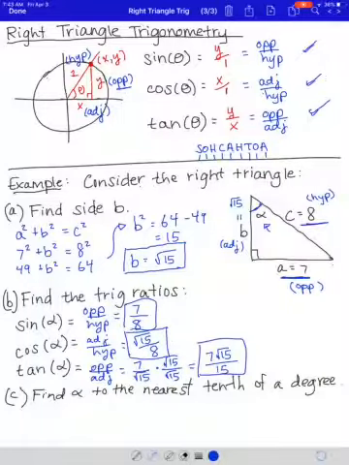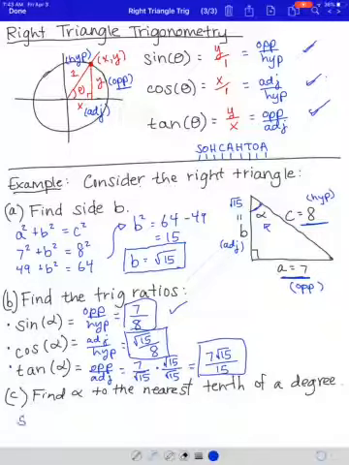And now the last thing we're going to do is find alpha to the nearest tenth of a degree. The way we're going to do that is to use one of these equations up here in part B. We could actually use any of these three trig ratios. I'm going to choose sine just so I don't have to deal with the square root, but really any of these three would work.